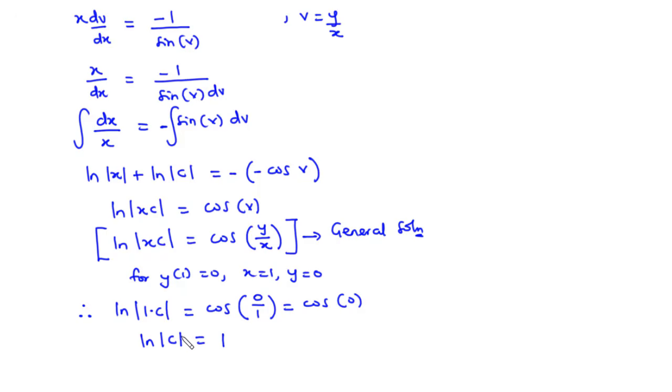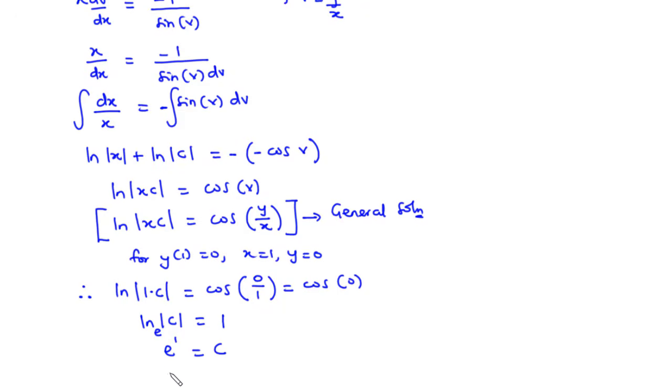Remember that the natural log has a base of e. So we are going to transport this to be exponent on e and equal to c. So we have e to the power 1 equals c, and thus c is equal to e, the constant e. Therefore, we are going to plug in the value for c back into the general solution.